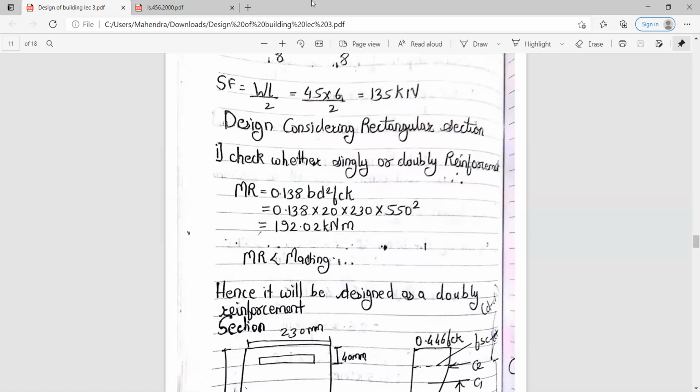Okay, completed. Okay. So we are going to design for the doubly reinforced section.